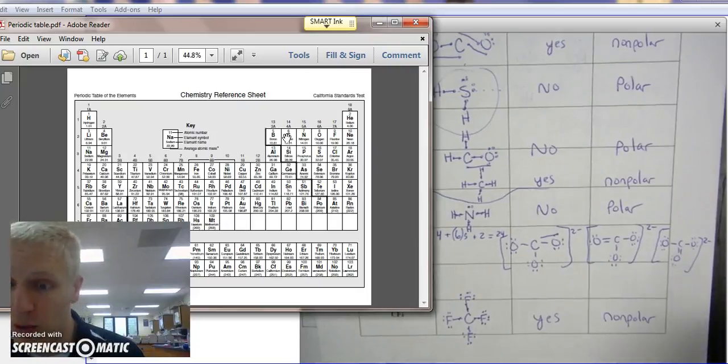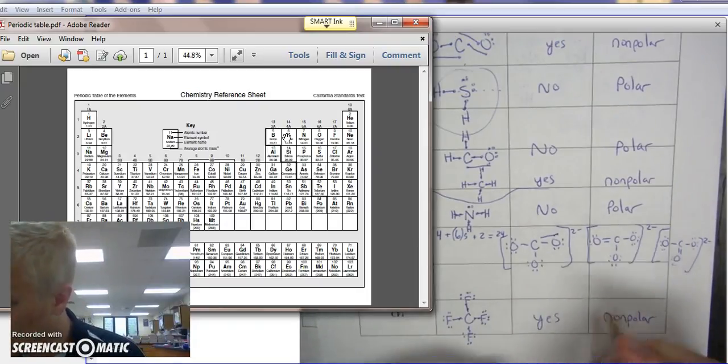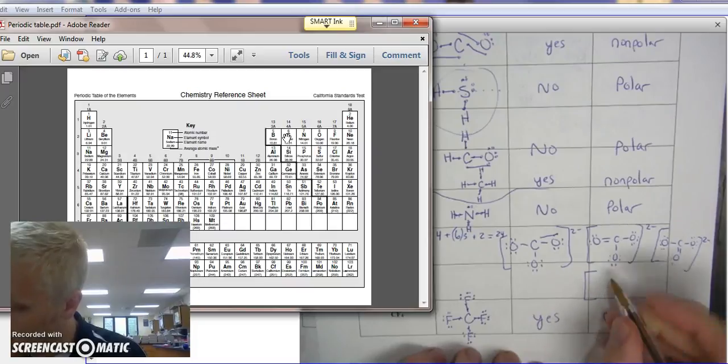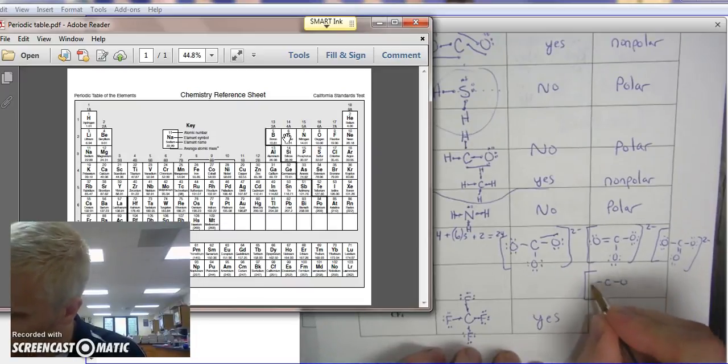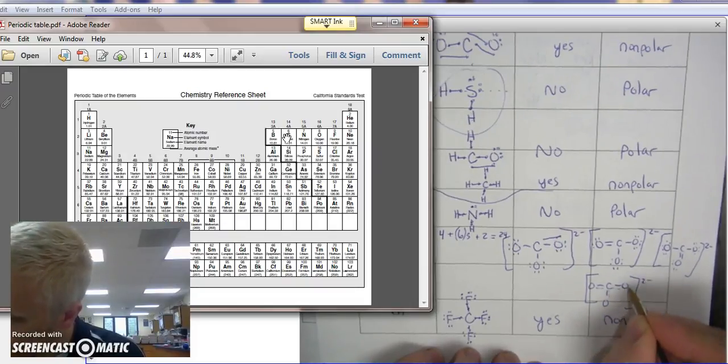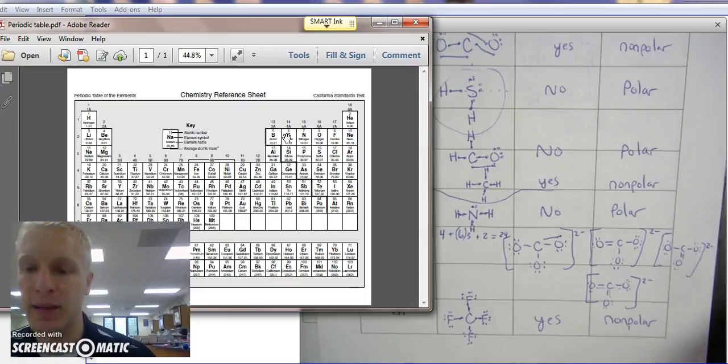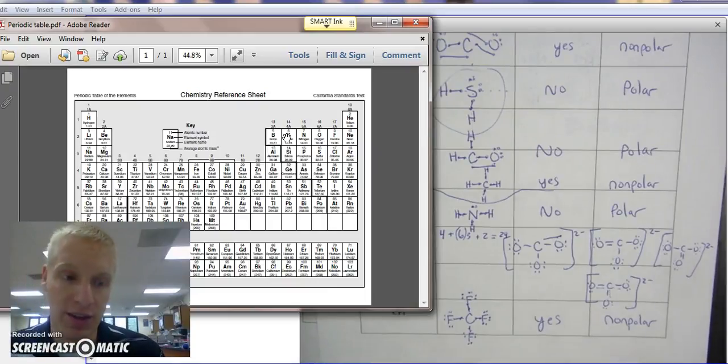And if you wanted to show all of them on one structure, then you would show it like this with a dashed line connecting all of them at once with a 2- charge. And that would be your resonance structure.